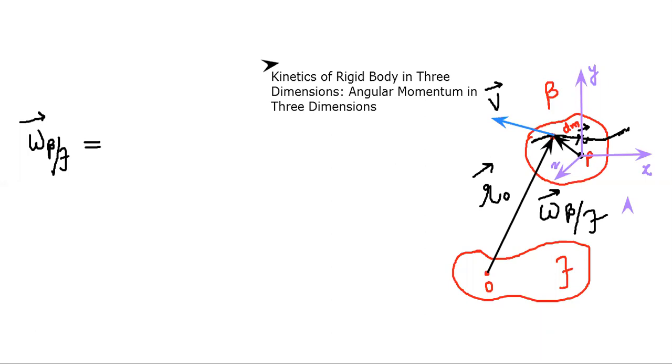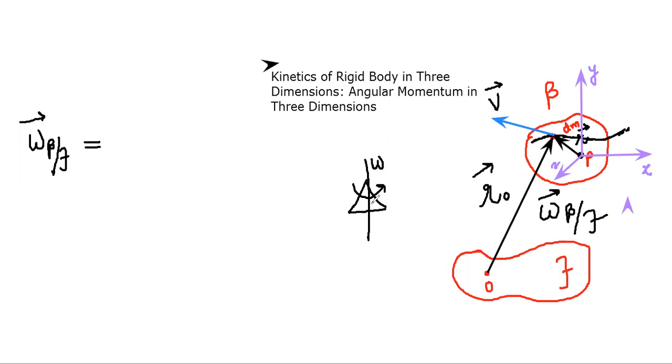What does that mean? Like in the previous case, we had a gyroscope. Say for example, we have a rigid body like this. If this rigid body is rotating about this axis, then we say its angular velocity is aligned along this axis.